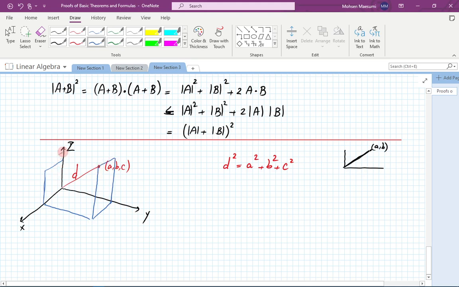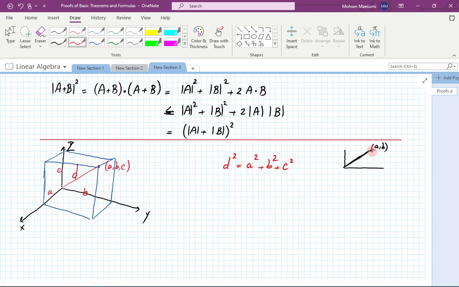Let's see. What we mean here is that if I have a box with dimensions a, b, and c, then the inner diagonal of it has the following relationship with the 3 sides of the box. The inner diagonal squared is the sum of the squares of all the sides.